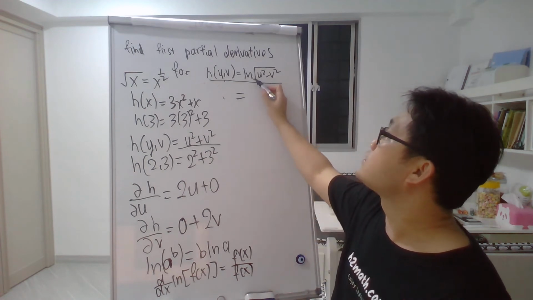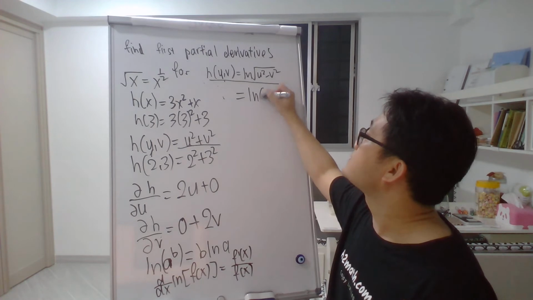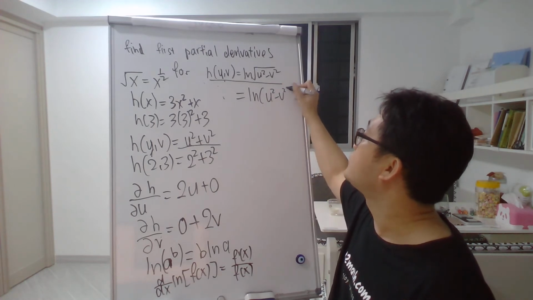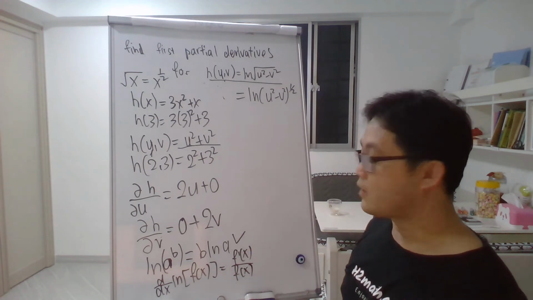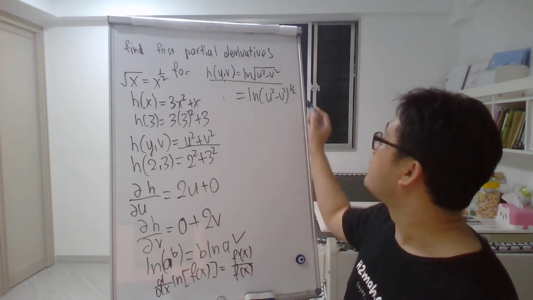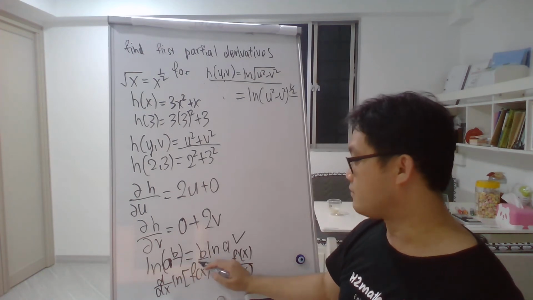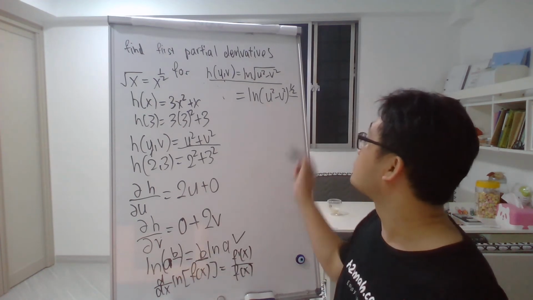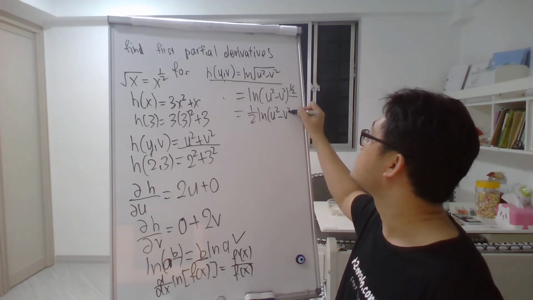In this case, because there's a root over u squared minus v squared, we can rewrite this as u squared minus v squared to the power of half. Then the power half can be brought in front, so we'll write this as half ln of u squared minus v squared instead.